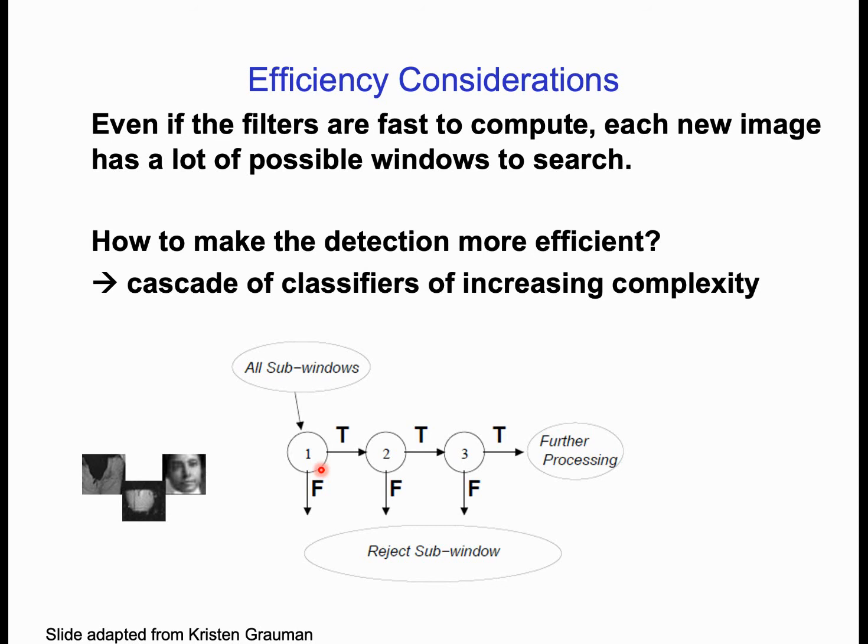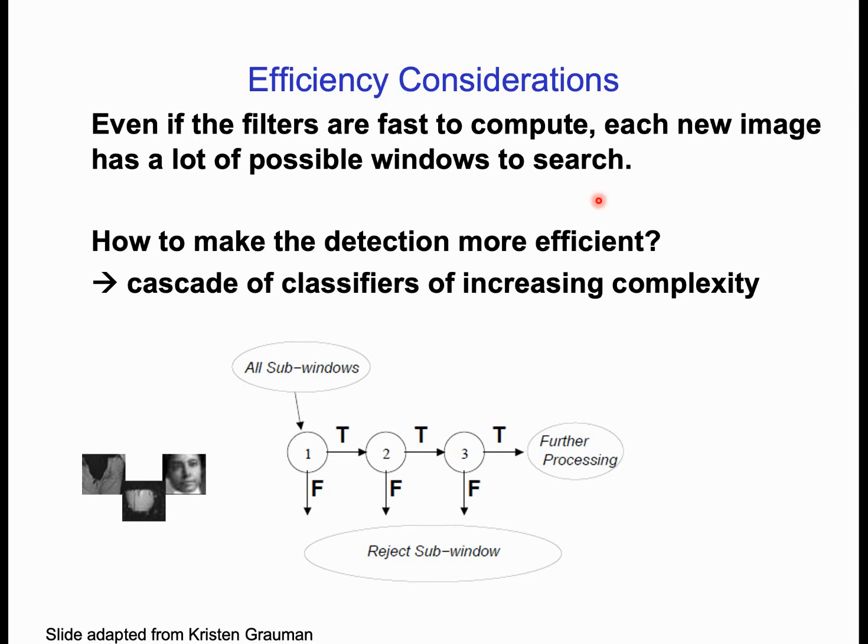Now, extracting so many features from all patches might still be quite expensive computationally. So even if each individual feature is fast to compute, I have to evaluate a lot of them. So how can we make it a little bit more efficient? The crucial idea here is to use a cascade of classifiers of increasing complexity.